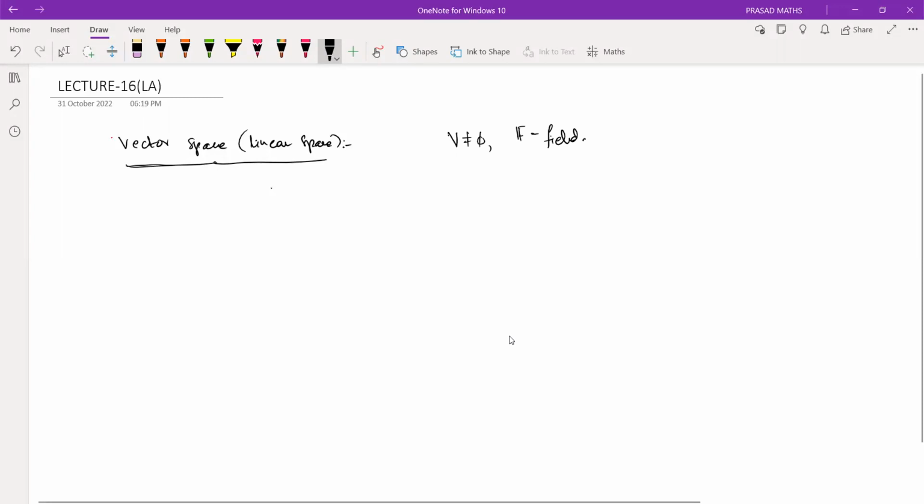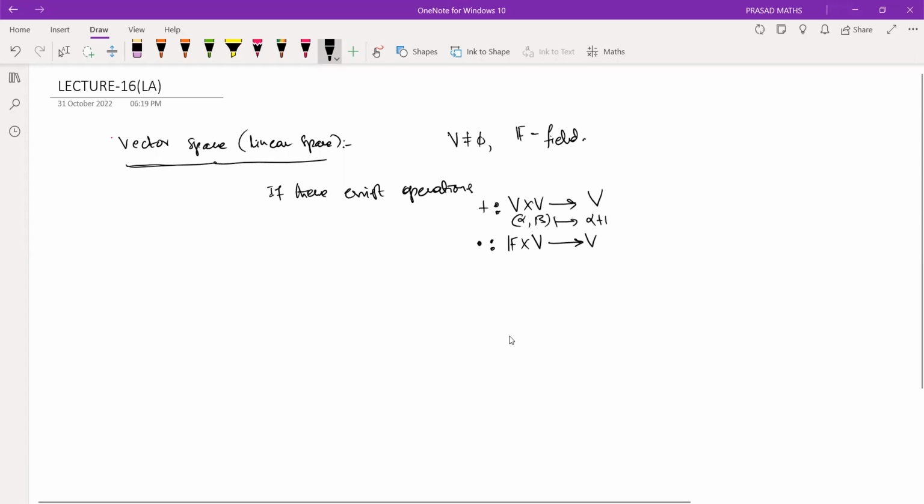If there exist two operations, one is this operation from V cross V to V. Second is another operation from field F cross V to V. That means you start with any vectors alpha, beta.